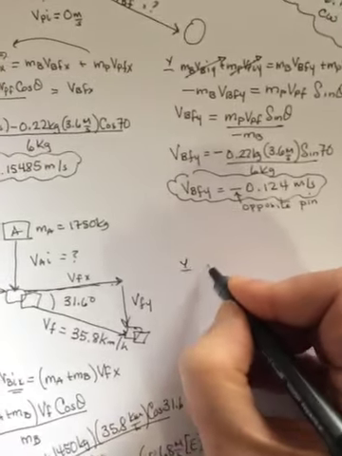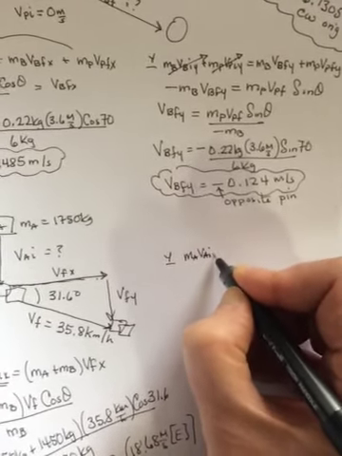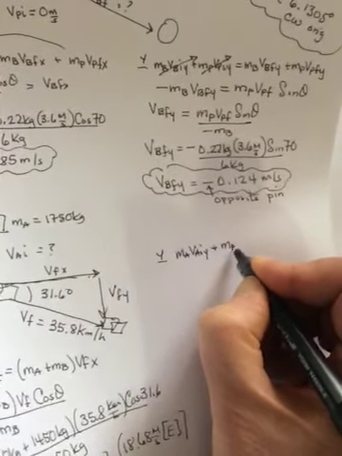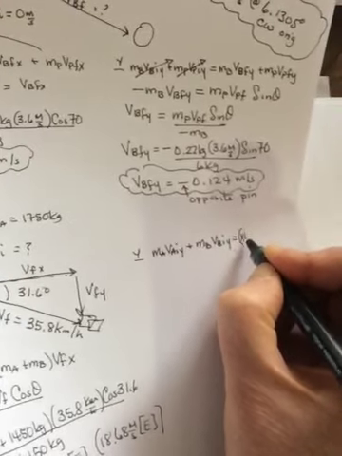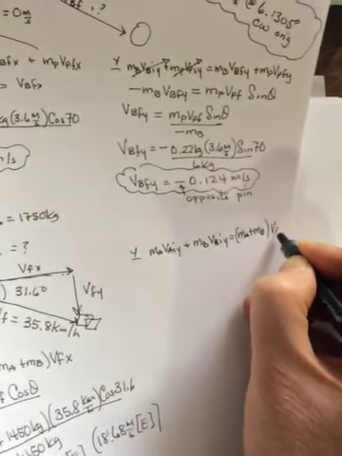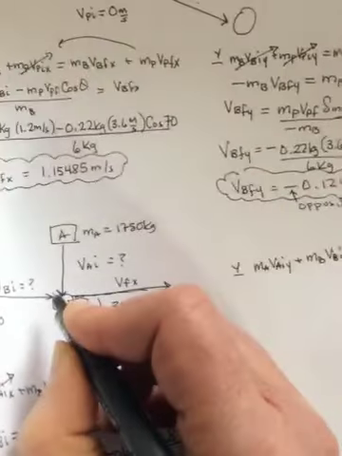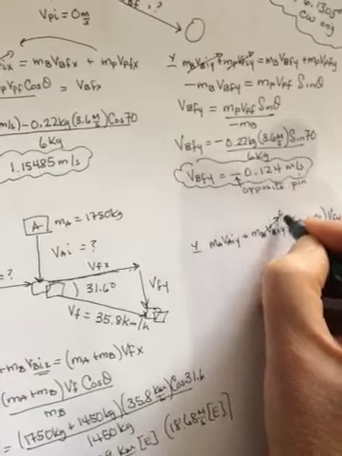I might have room. So MA VA initial y plus MB VB initial y will equal MA plus MB V final y. And this time, it's the B that's not moving in the y direction. So this term goes to 0.